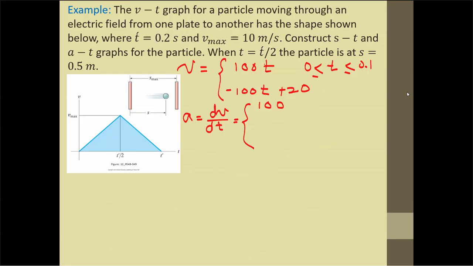The derivative of it is negative 100. Then we can construct the acceleration curve. This is A. Don't forget to write the symbol and unit: meters per second squared. In your tests, if you do not give the unit, I'm going to take points off.